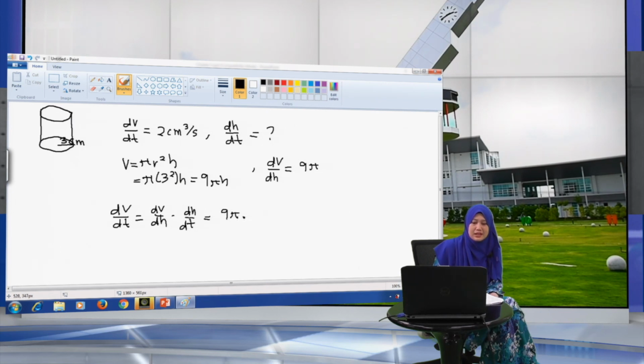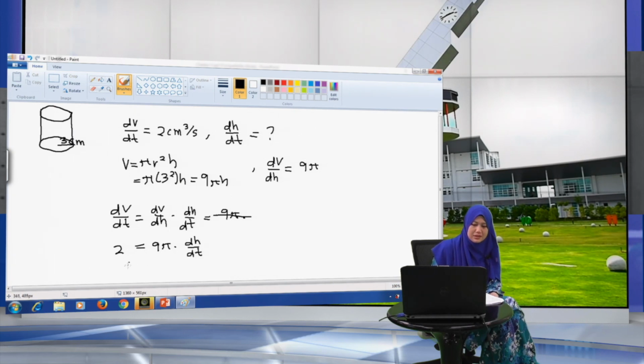dh/dt is the one that we want to find. So let's do it like this. We delete this and put dV/dt, which is given as 2. dV/dh is 9 pi, and dh/dt is the one that we want to find.